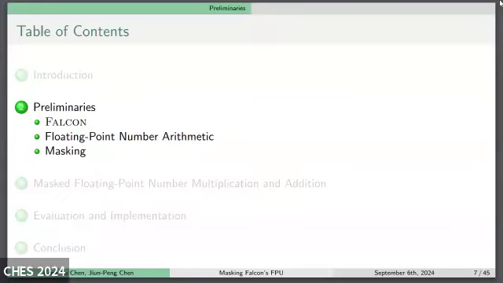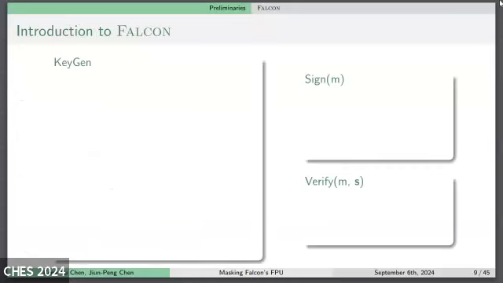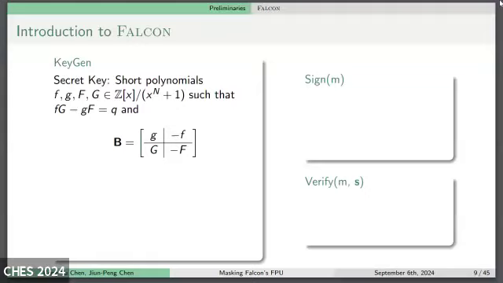Let me give some preliminaries to better introduce our work. First, Falcon. Falcon consists of three main algorithms: keygen, sign, and verify. In keygen, the secret key and public key are generated, where the secret key is essentially four short polynomials, small f, small g, big F, big G. They are all of degree less than n with integer coefficients, such that small f times big G minus small g times big F is a prime number q.